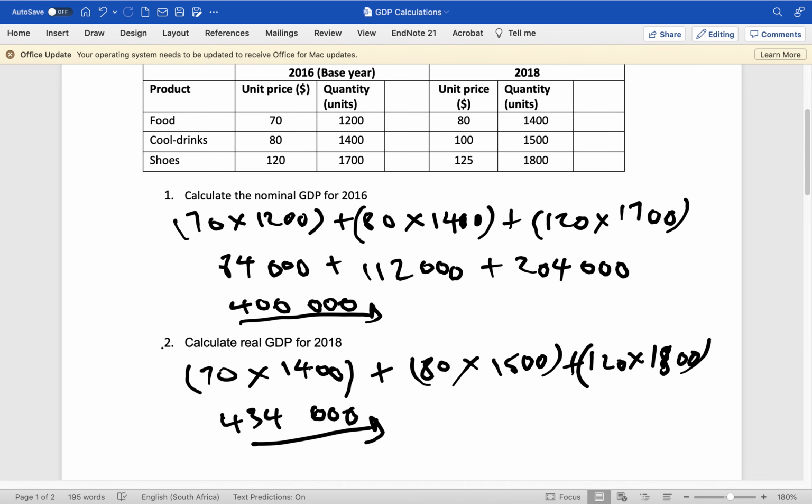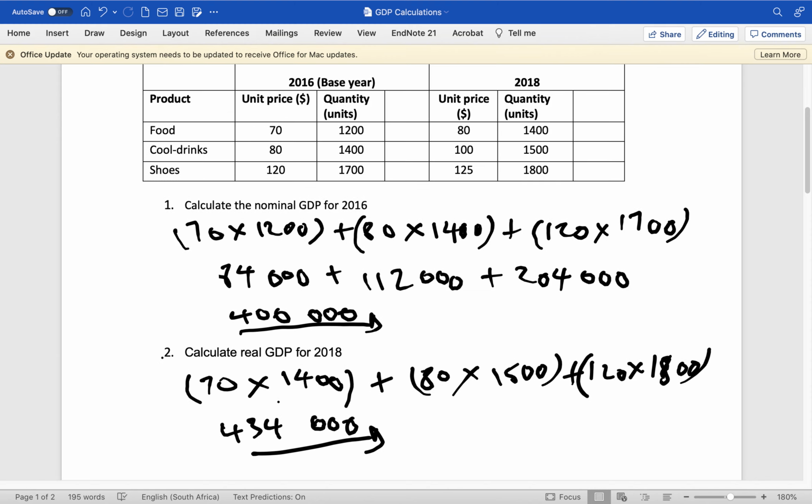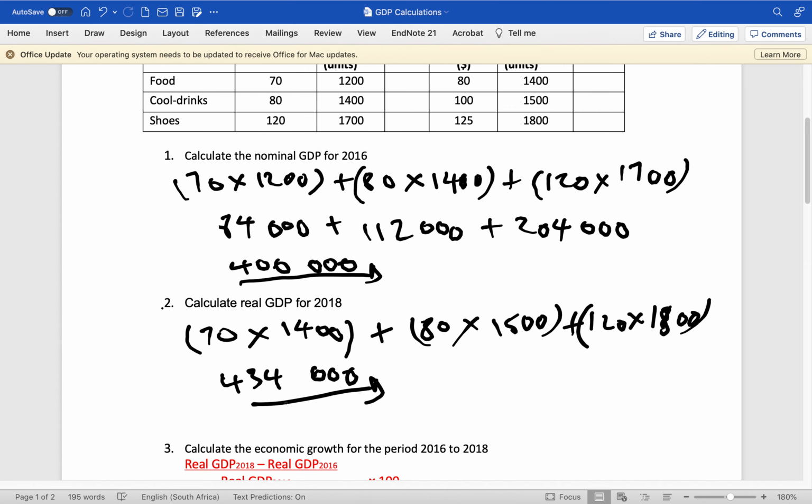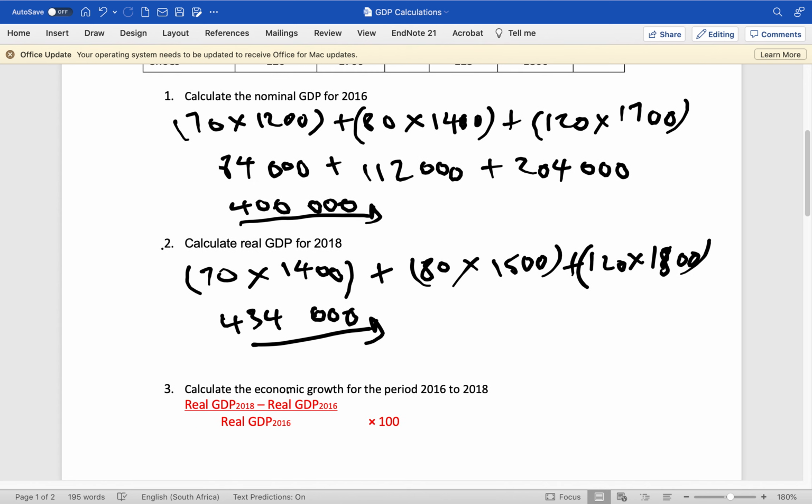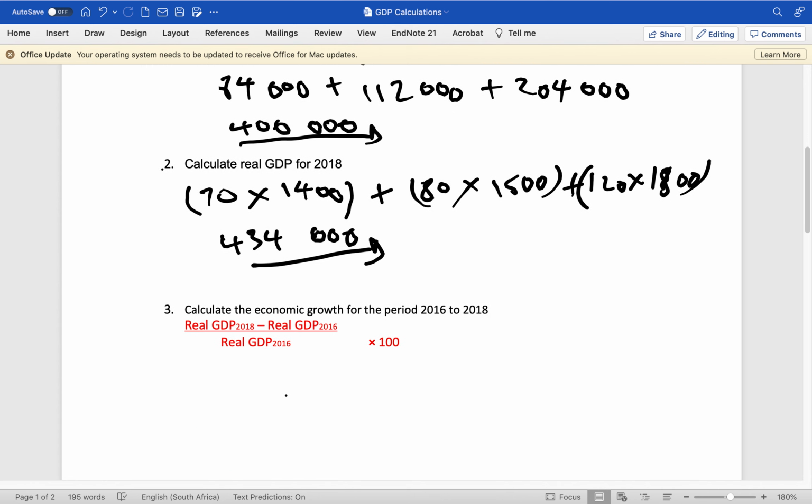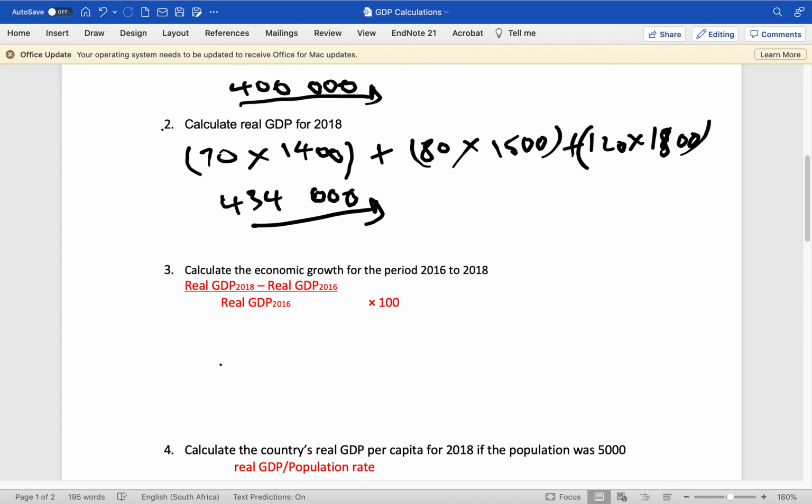And the calculation for nominal GDP also for 2016, which is our base year, we will tend to get the same answer. So there's no need for you to go back and waste time in calculating your real GDP for 2016. However, we can still get to use the 400,000, which is the final answer for nominal GDP for 2016. Since even if we come back to do the calculations and weightings for real GDP for 2016, we'll tend to get or obtain the same answer.